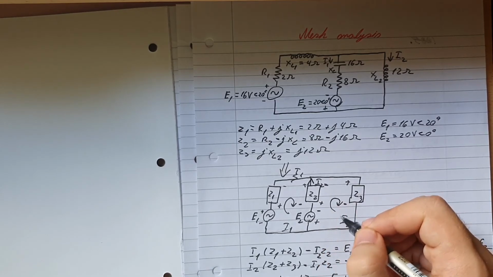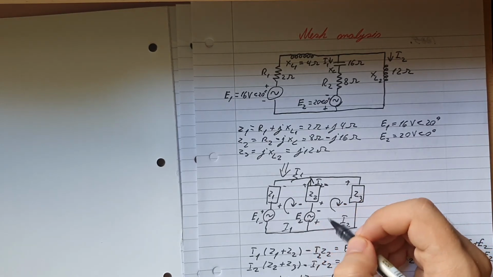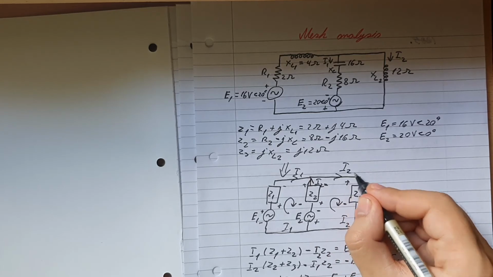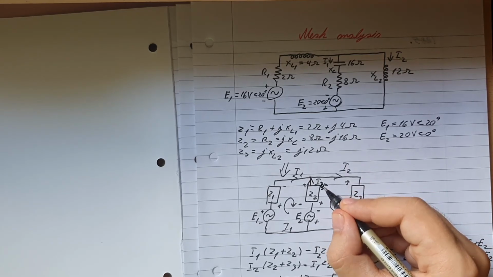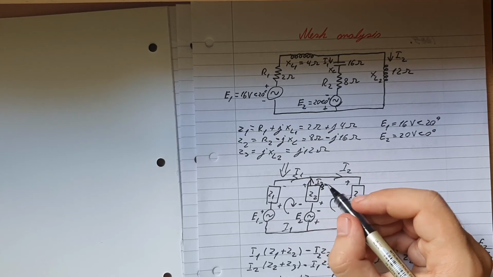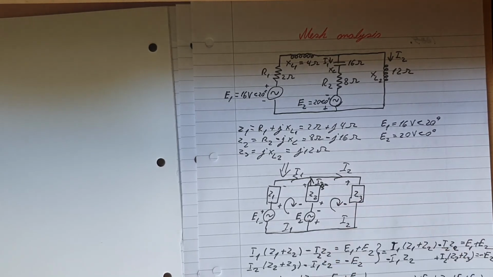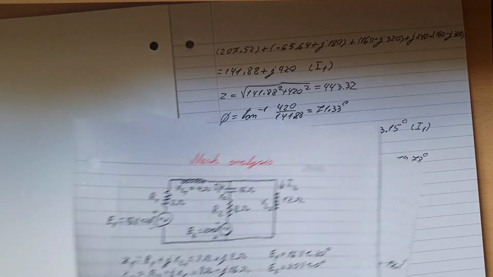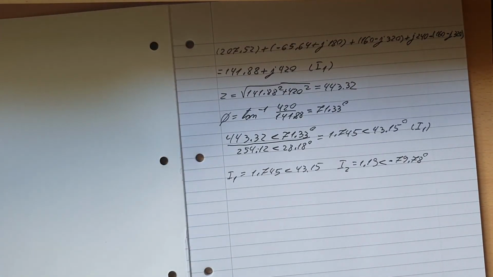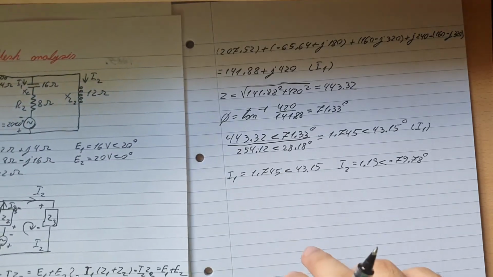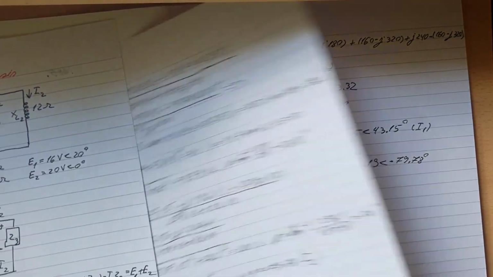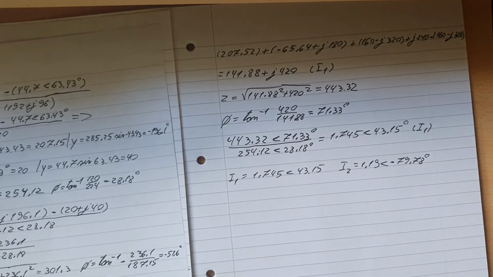No, wait, I1 is coming this way, and this is I2. Now we can also find I3, or simply I, which is when both of them meet here at this area. If you want to do it, we can do it. I did it anyway here in the notes, so I can show you how to do it.